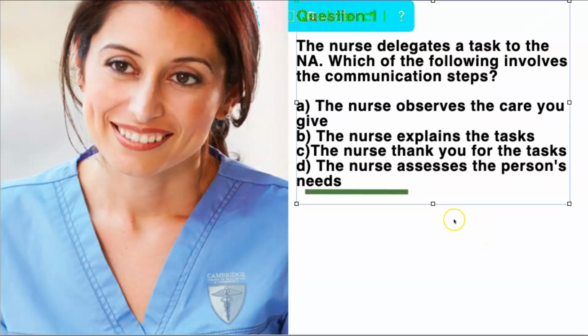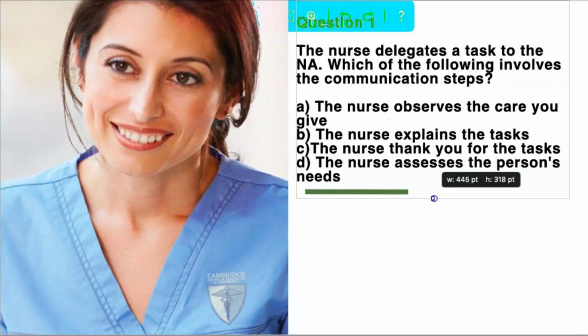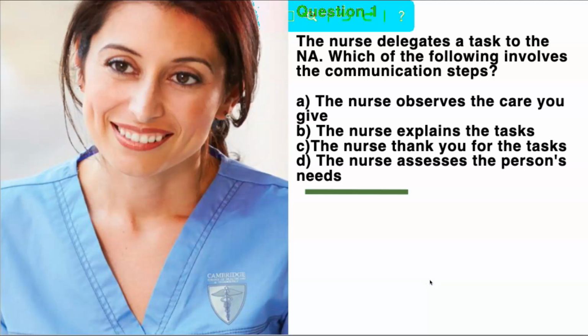The correct answer is the nurse observes the care you give. The nurse must observe the care you give because she is accountable and responsible for your work. You're working under her license, so she has to ensure that you are competent to perform the task.